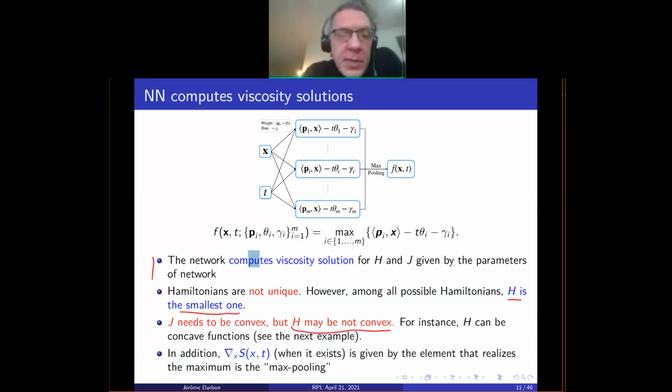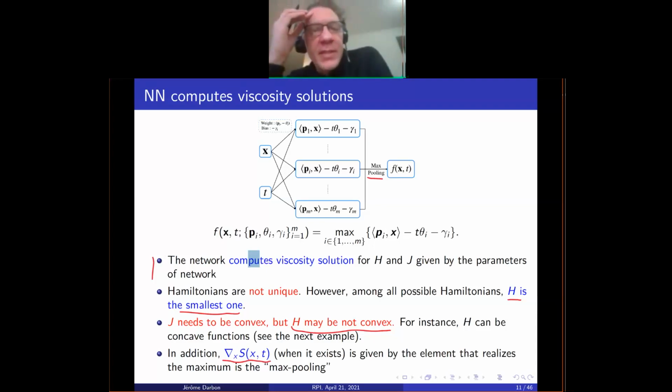And also, if you want to compute the gradient, then the gradient is the element that realizes the max in the max pooling when the solution is differentiable. If the solution is not differentiable, you get a viscosity solution, then you have several candidates that are given by the neurons that give the max in the max pooling activation function.